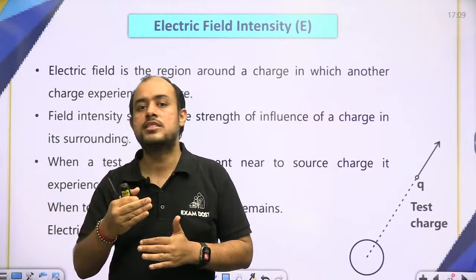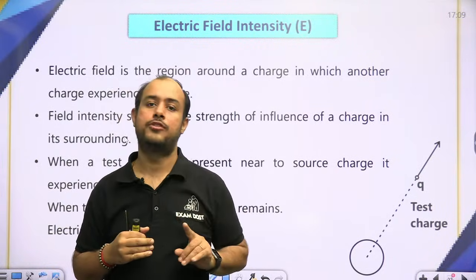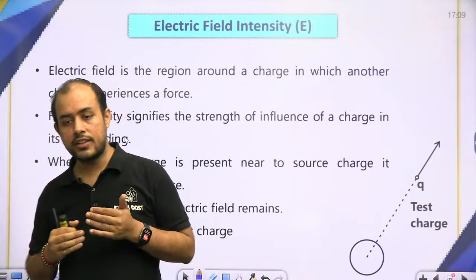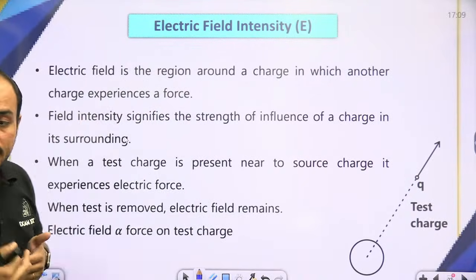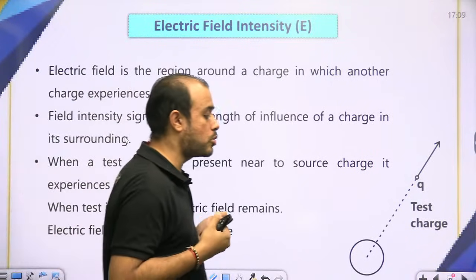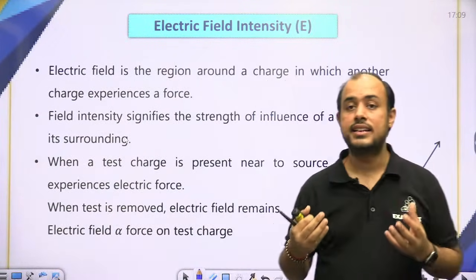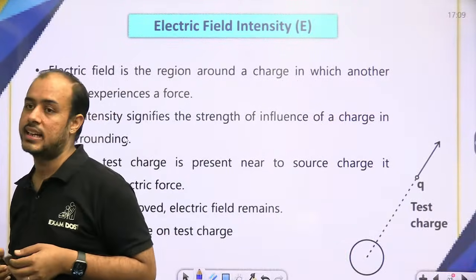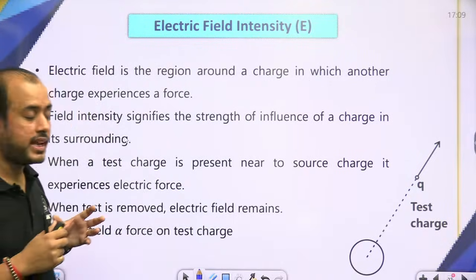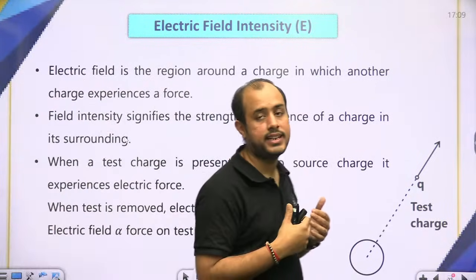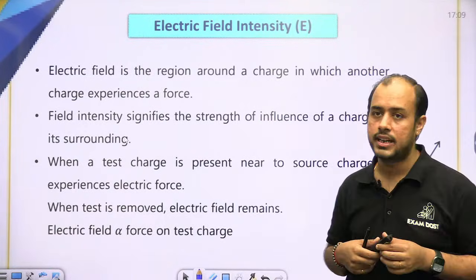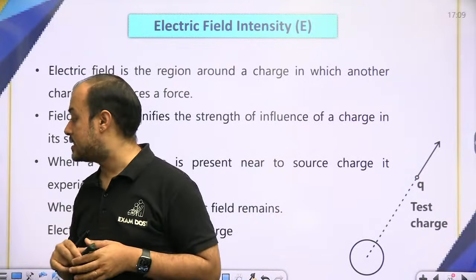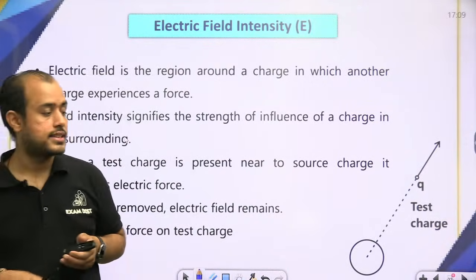Now as soon as you enter that field, you will experience a force, and that is where the concept of electric field came. इलेक्ट्रिक फील्ड का कॉन्सेप्ट ही वहां से आया कि भाई जब कोई चार्ज प्रेजेंट नहीं, जब कोई फोर्स नहीं, तब एक चार्ज के नजदीक ऐसा क्या रहता है कि दूसरा चार्ज आने पे उस पे फोर्स लगने लगता है.